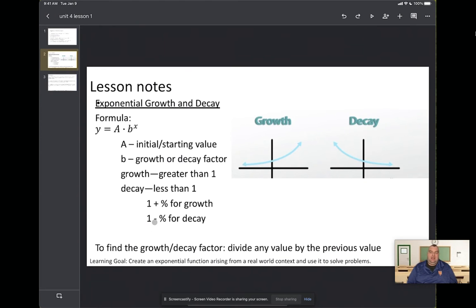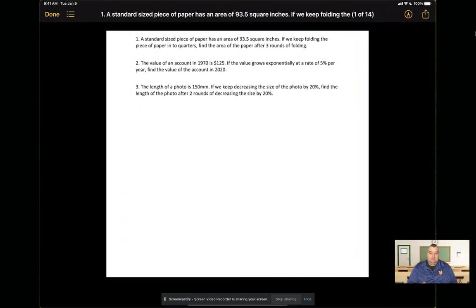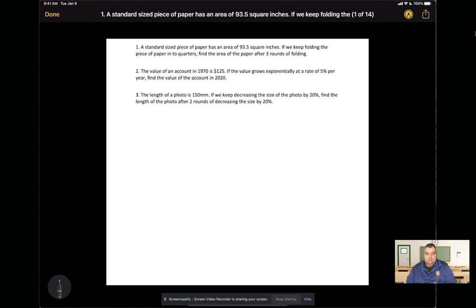So it depends on whether you add the percentage to 1 or subtract the percentage from 1. With that in mind, let's take a look at the examples for this lesson.